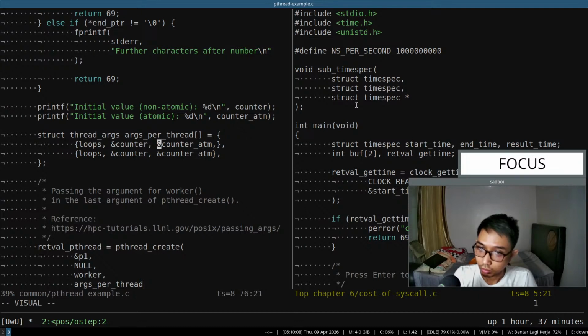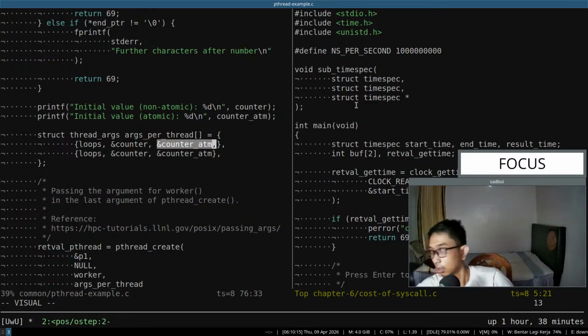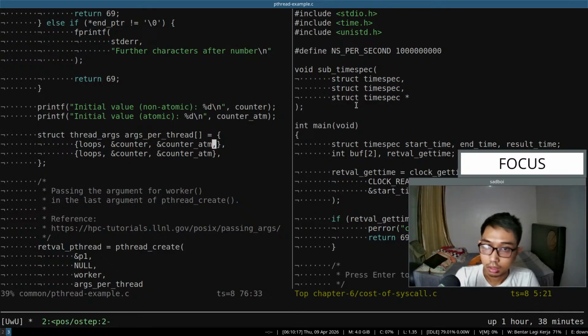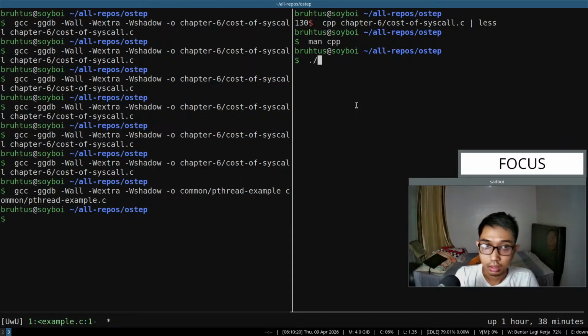Oh, we can use trailing comma in thread. Okay, interesting.